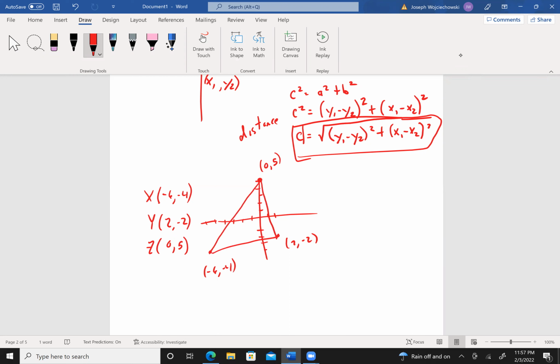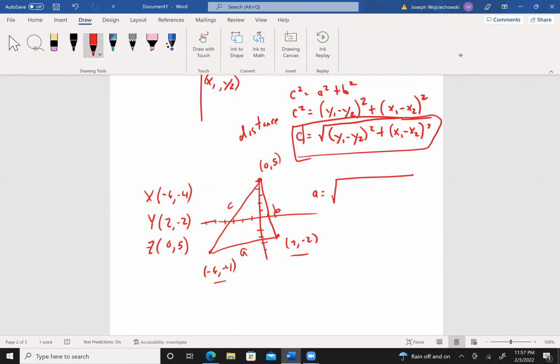So let's label our sides. We'll call this a, this one b. This looks like the longest one, so it's going to be c. We can figure these out using our distance formula. a is equal to the square root of (y1, -4, minus y2, -2) squared plus (-6 minus 2) squared.